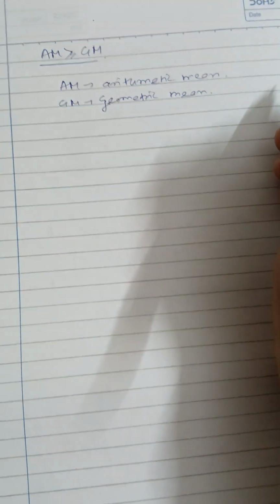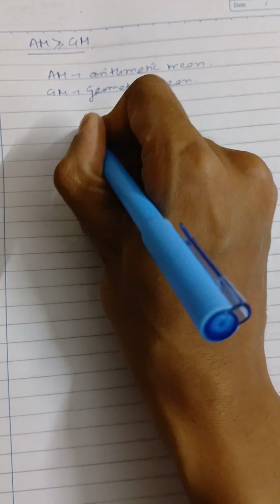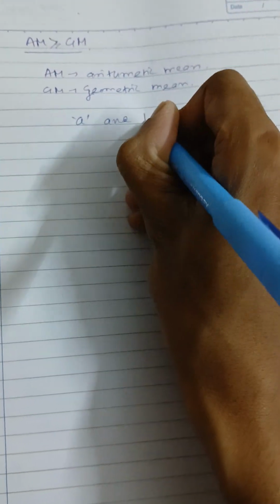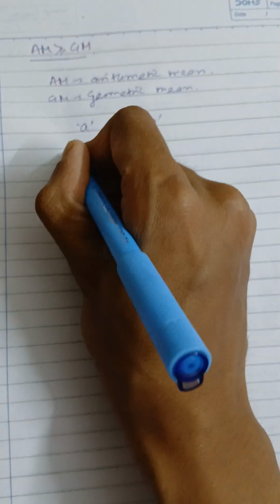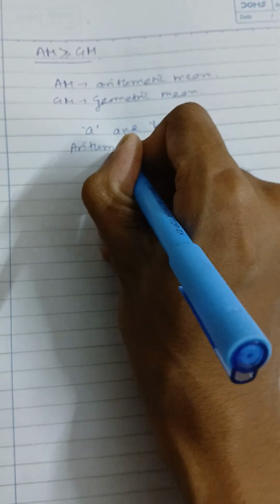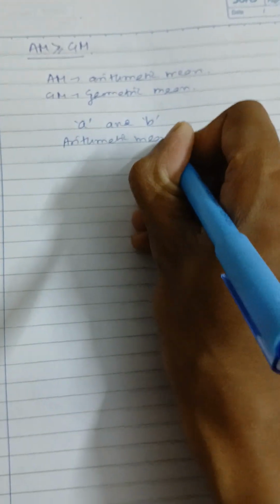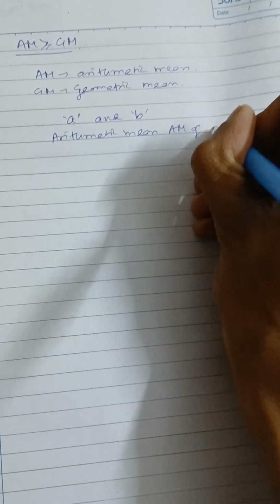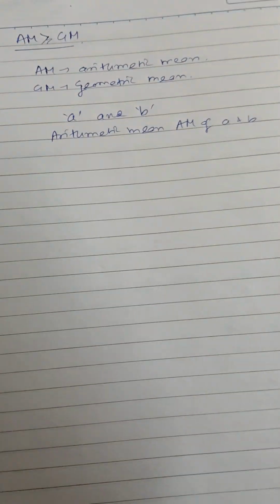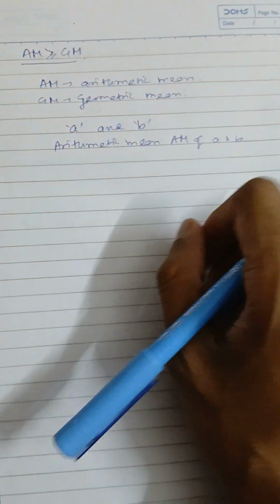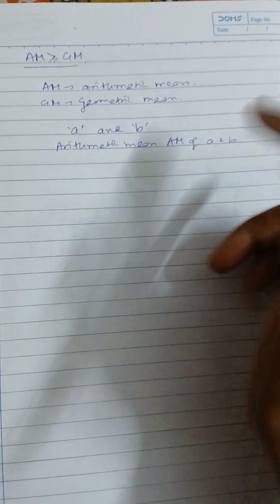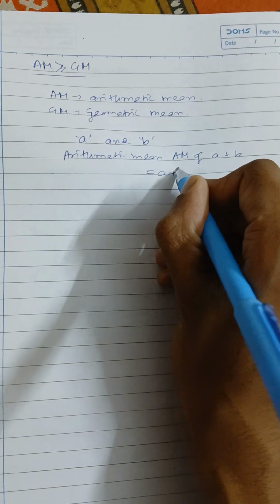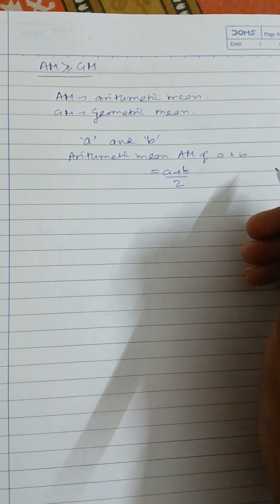Suppose let us take two numbers A and B. Arithmetic mean of A and B means it's the simple average of A and B, that is A plus B by 2.